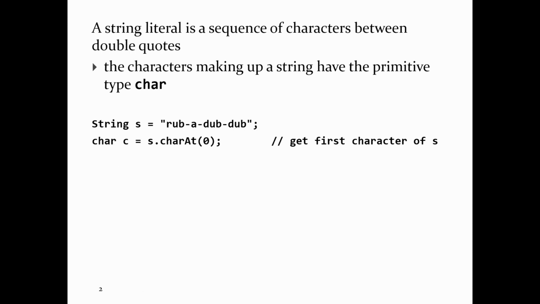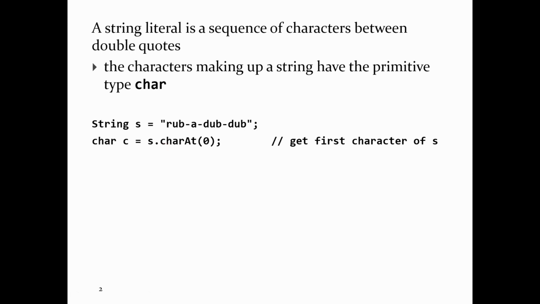If I want to get the R, the first character in the string, I can't use the square brackets in Java. In Java, a string is not the same thing as a Python sequence. It's its own thing. So instead of square brackets, you have to call a method to get an individual character.